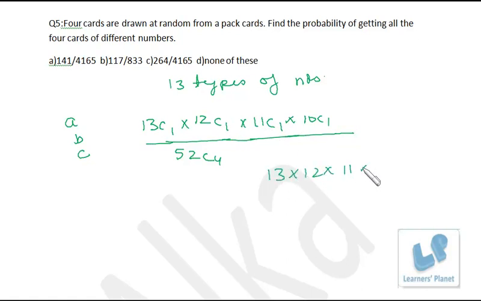10, just solve it. 52 into 51 into 50 into 49 by 4 factorial, that is 24. Just solve it.